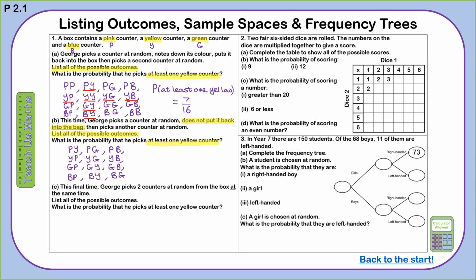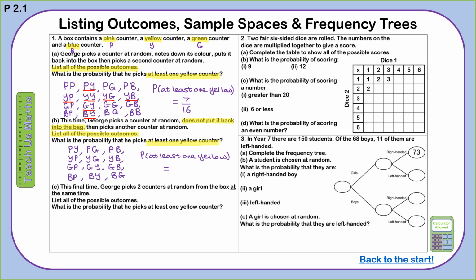So basically all of the outcomes from part A except for the diagonal, where two of the same counters are picked. So this time there are 12 possible outcomes, so we can calculate the probability that he picks at least one yellow counter.